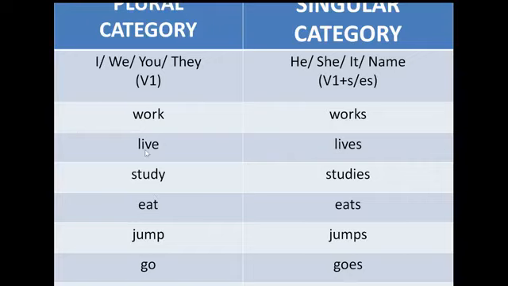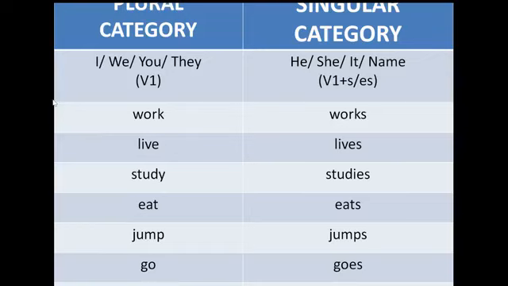How can I use them in a sentence? Like I work in Right Direction. ठीक है? She works in Right Direction. Or he works in Right Direction. I live in Yamunanagar. He lives in Yamunanagar. So this is how we are going to use them in a sentence, and students make this common error of s और es.